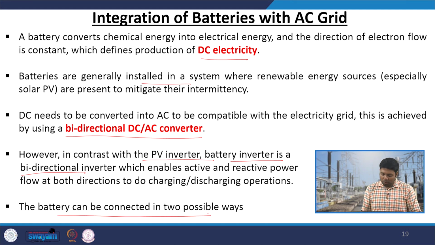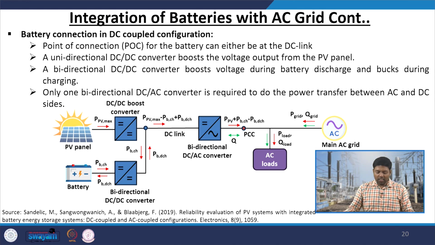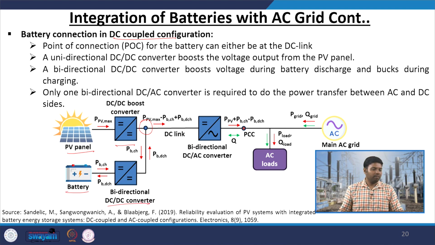Depending upon that, your connection can be of two types. The first type of connection is called the DC coupled configuration. What you will do is connect the battery at the DC port where your PV inverter is already connected. After the PV panel you have a DC-DC boost converter to boost the voltage, and after the battery you have a bidirectional DC-DC converter that handles the charging and discharging operation.